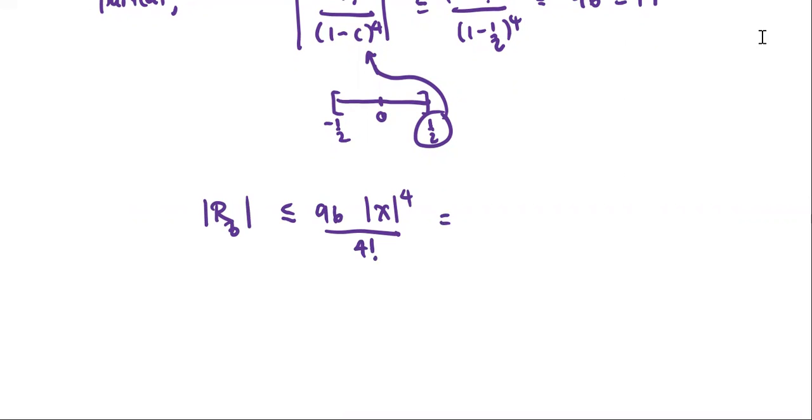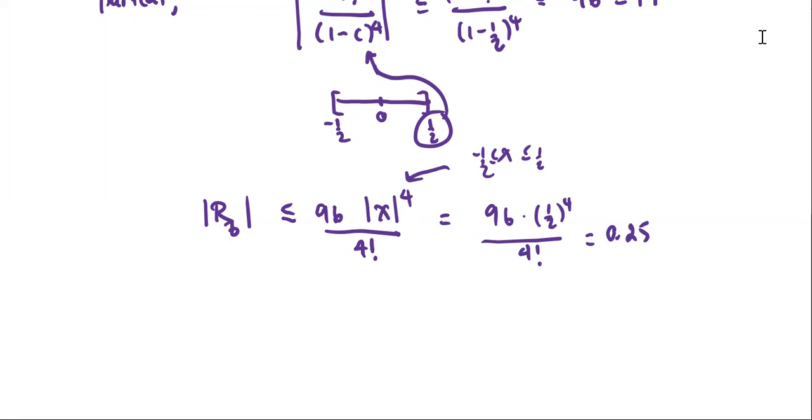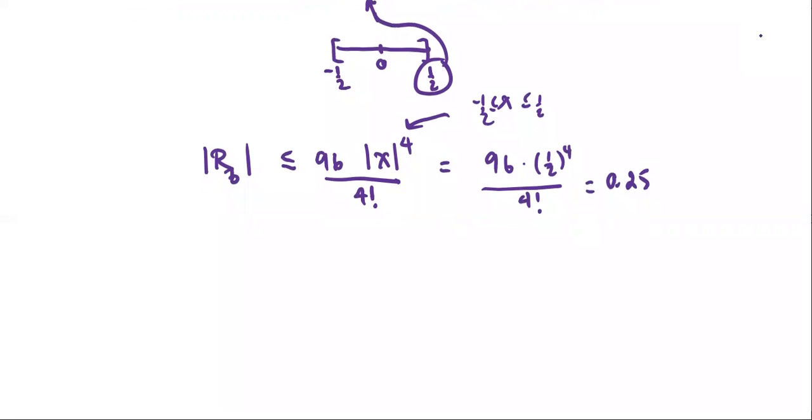And since x is between -1/2 and 1/2, we get 96 multiplied by 1/2 to the 4th power over 4 factorial, which gives us 0.25.